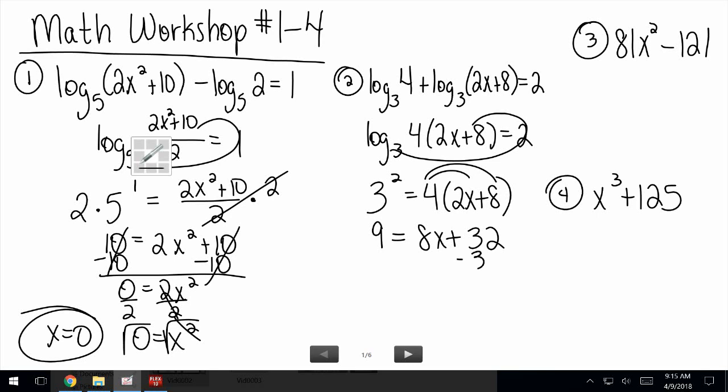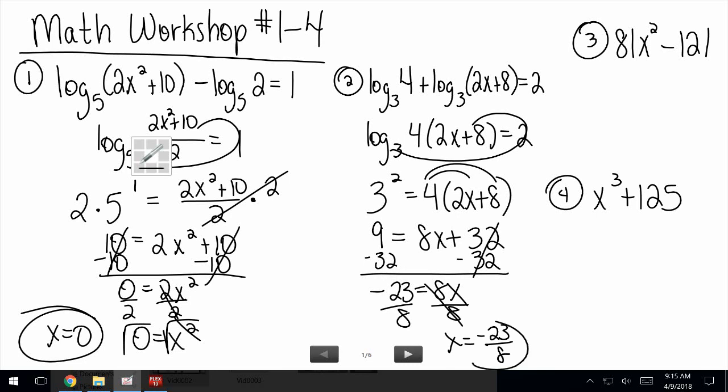So you're going to subtract 32. All right, what's 9 minus 32? Negative 23. There you go. How do you get rid of the 8? Divide. There you go. And those do not divide evenly, so we will leave them as a plus.